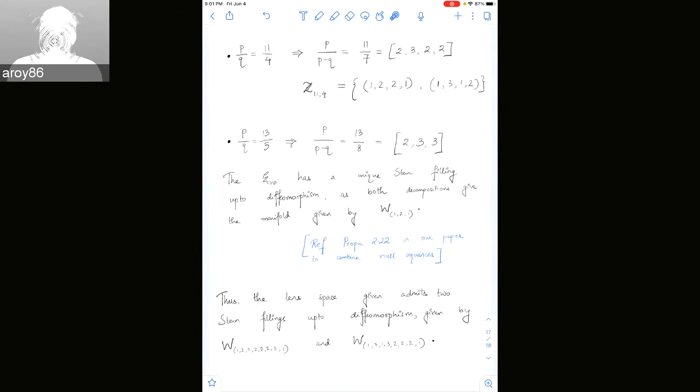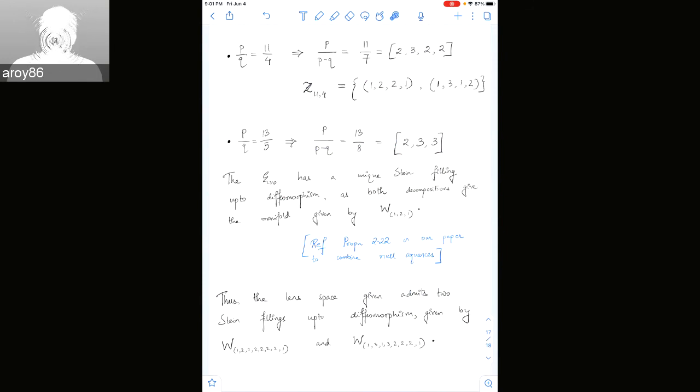Whereas for the L(13, 5) virtually over-twisted part, the p over p minus q sequence is given by 233. So a priori, the universally tight one on L(13, 5) can have two fillings corresponding to 212 and 121.